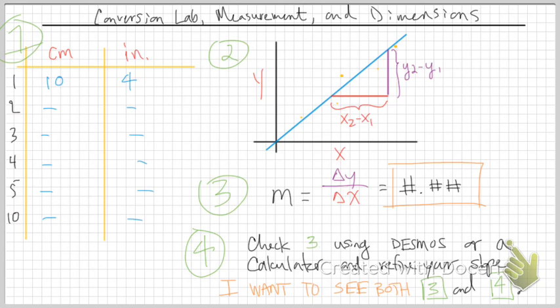We've practiced this in class, and refine your slope if necessary. I want to see both that you determined this value of the slope manually in step 3, and that you checked it by using a calculator or graphing utility. This value is the value that I expect to see boxed, just like my black value is boxed in orange, and that's what we'll submit for your result for this lab.